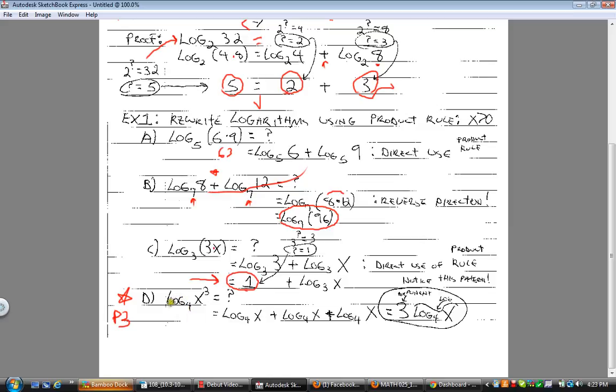So let's see if we can work through the details here. As of right now, the problem has got log base 4, like I said, x to the third. I realize that x to the third can be broken down to log 4 x plus log 4 of x plus log 4 of x, because x times x times x is x cubed.